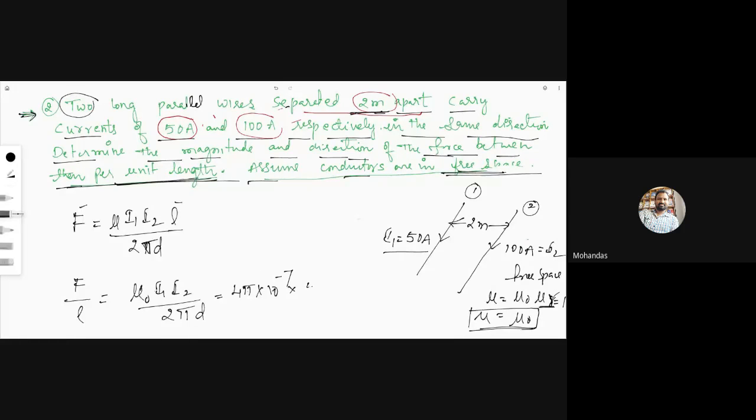The distance between the two conductors is 2 meters. Very simple problem. If you know the formula, you can easily solve it, but we have to calculate force per unit length.